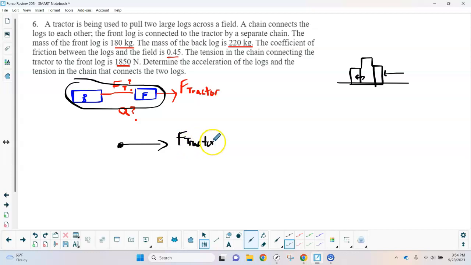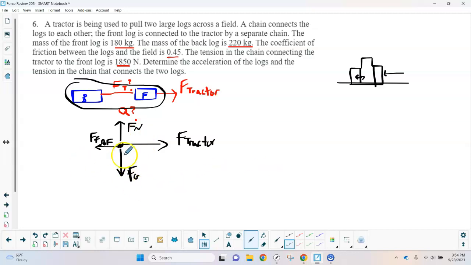We've got gravity pulling down. There's going to be a normal force going up. And there's going to be friction resisting the motion. So this is the force of friction on everything, on both logs, so it's B and F together. These would all be BF labels, so it's the normal force on B and F, so both logs again, and the gravity of both logs.